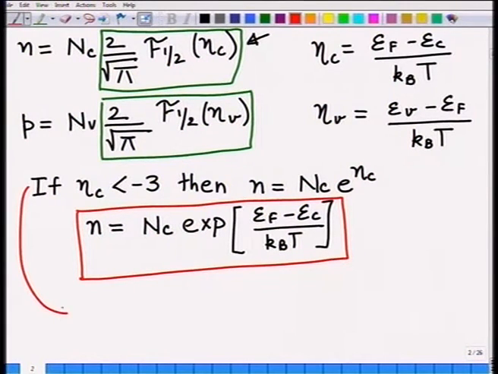We can further look at this. What is the condition?